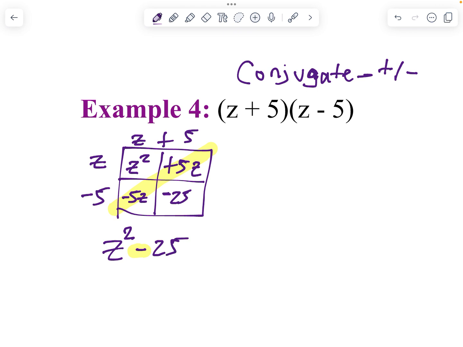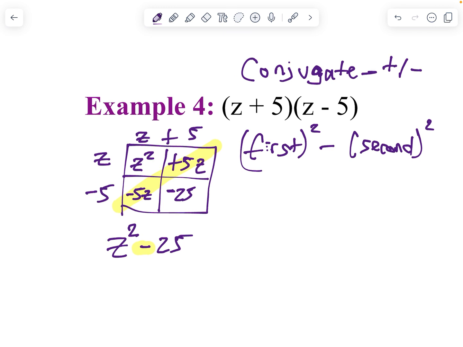So my pattern here is the first term squared, because I just squared the z, minus my second term squared. That's ignoring the plus or minus. So it's z squared minus 25.